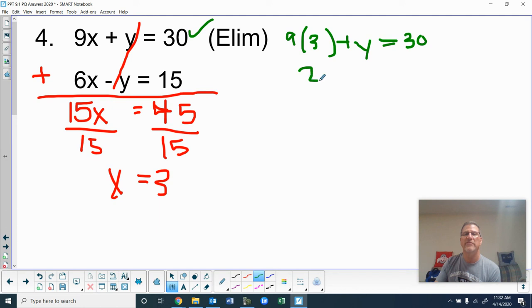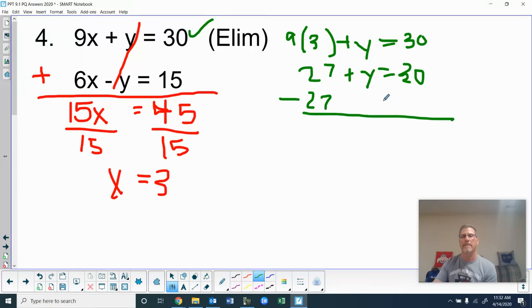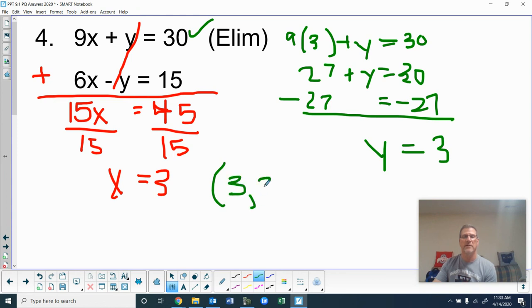So that's 27. And then subtract 27. And 30 minus 27 is also 3. So this answer, 3 for x and 3 for y.